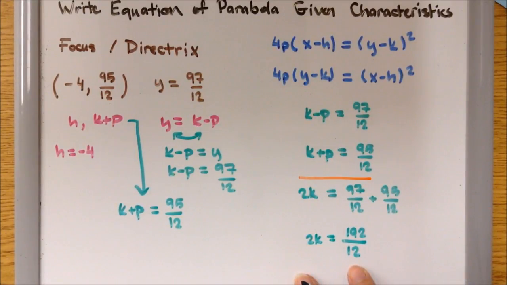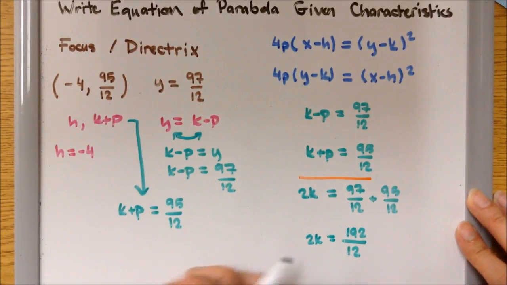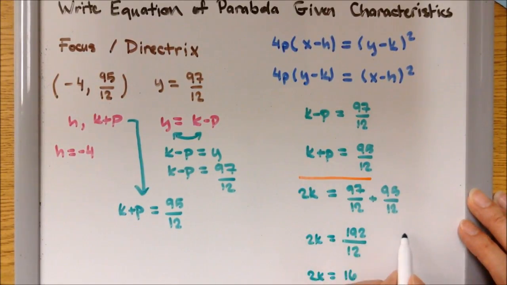And then we simplify 192 divided by 12, which will be 16 over 1, so 2k equals 16. So 192 can be divided by 12, which becomes 16. And I'm going to write up here 2k equal to 16.